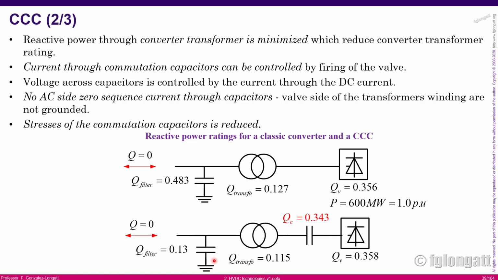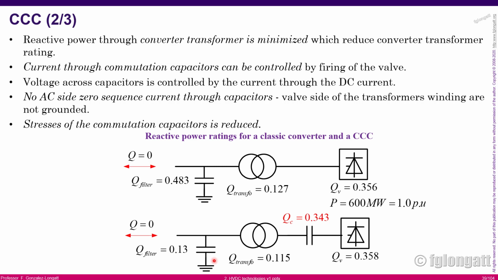Let me tell you the following. The idea of the capacitor connected converter is basically using some capacitors in order to minimize the transformer size, but also in order to reduce the size of the filter required.